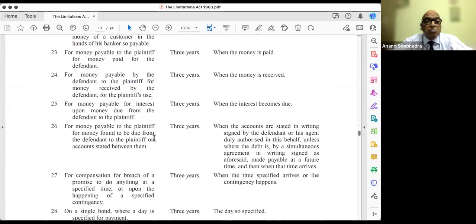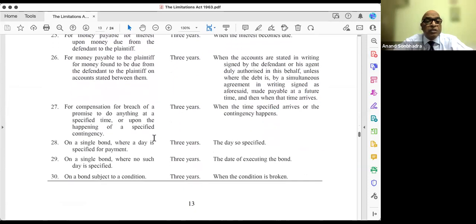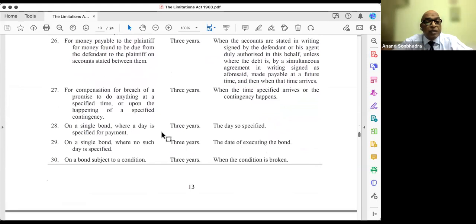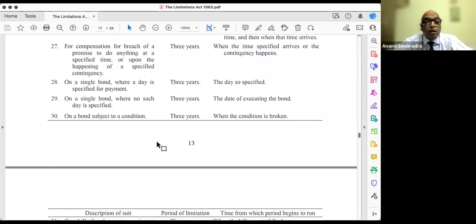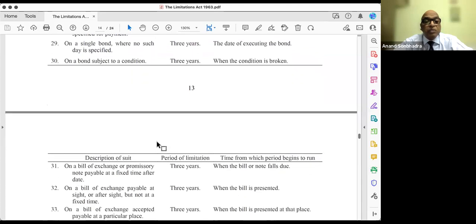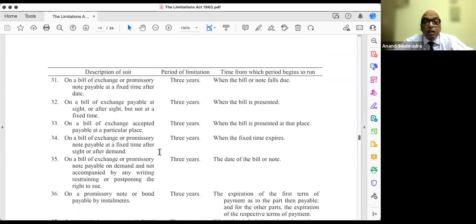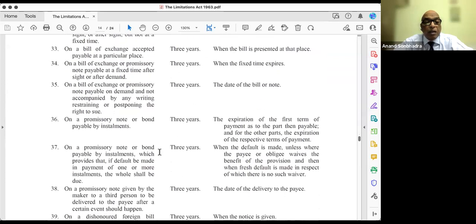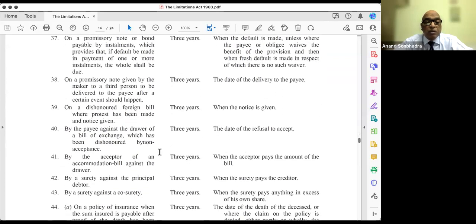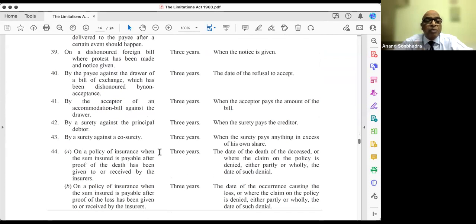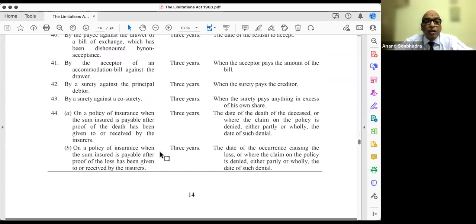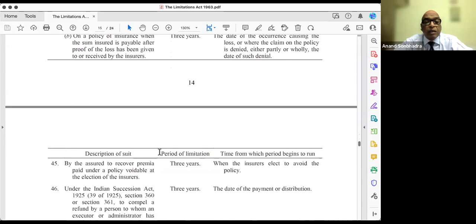Then compensation for breach of promise to do anything at a specified time, on a bond subject to a condition, on a bill of exchange or promissory note. It's a large one. It covers the complete gamut of contracts that one can come across.